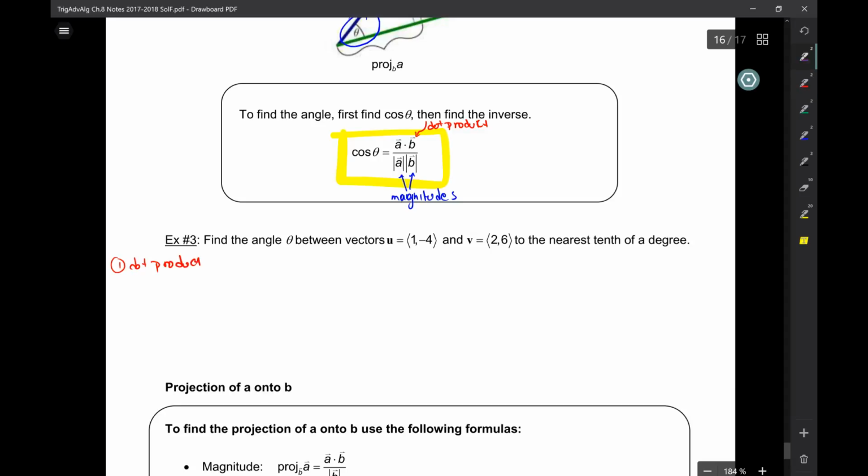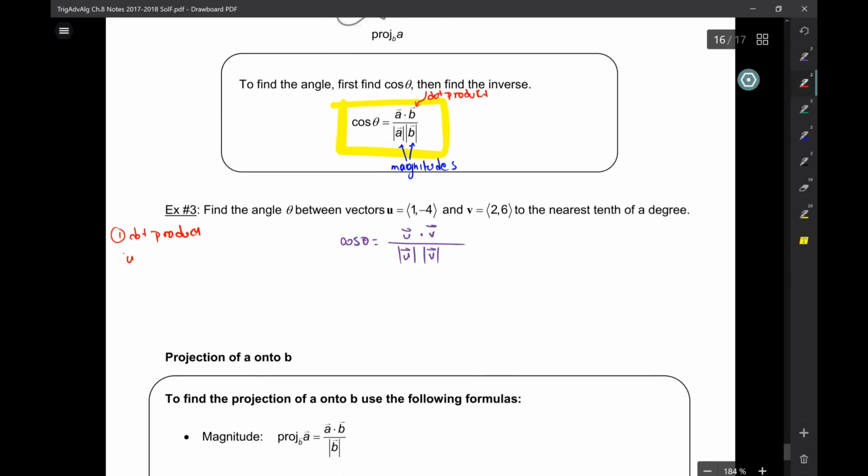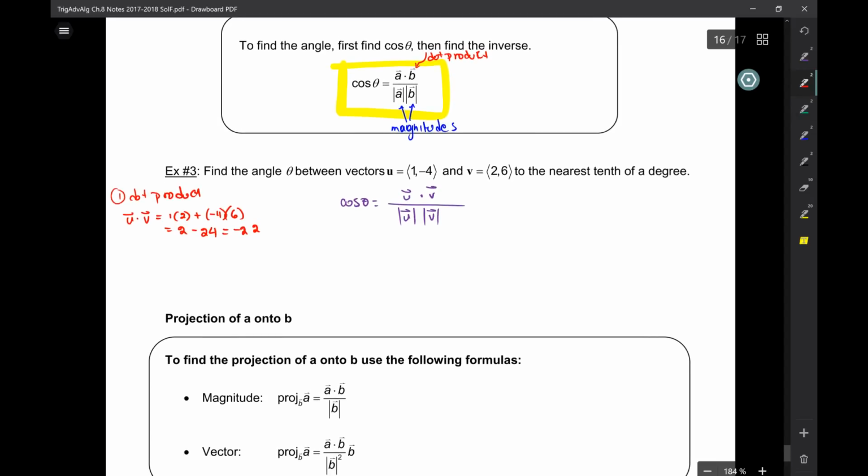Eventually, my formula is going to be cosine of theta equals A dot B over the magnitudes, but I'm given U and V, so we do U dot V over magnitude of U times magnitude of V. First the dot product, U dot V: 1 times 2 plus negative 4 times 6. So 2 minus 24, negative 22.